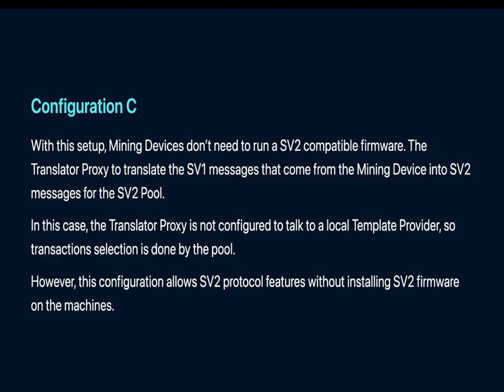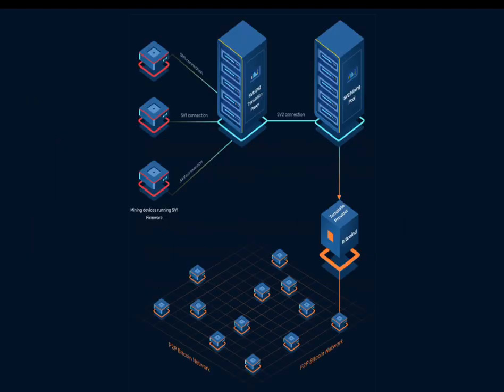In this case, the translator proxy is not configured to use a template provider. So templates are still being selected by the pool, but there's still a difference in comparison to Stratum V1, as we're going to see here in the visual representation.